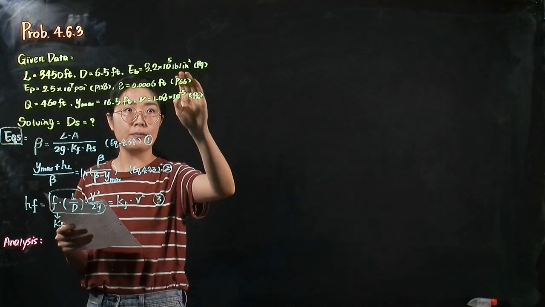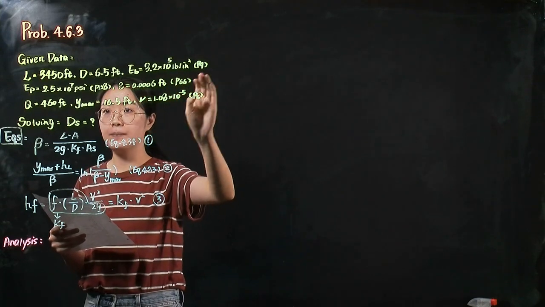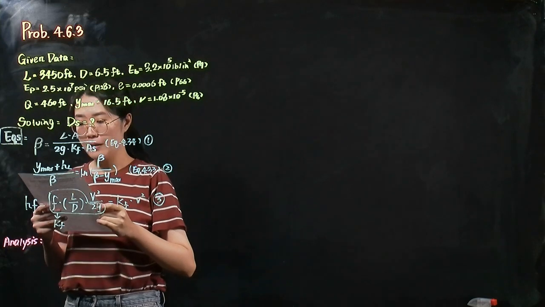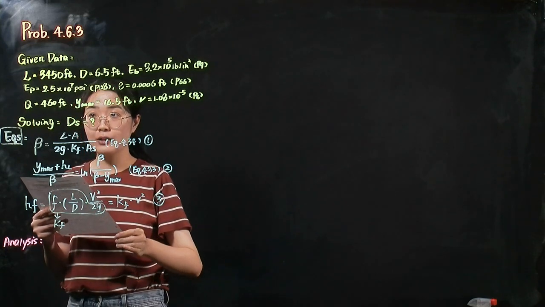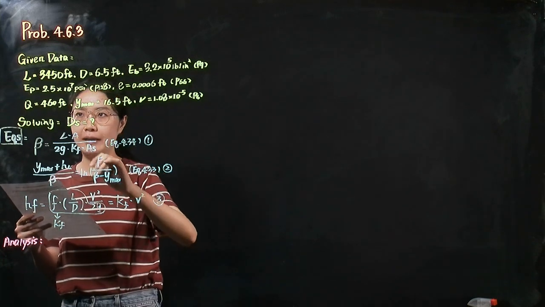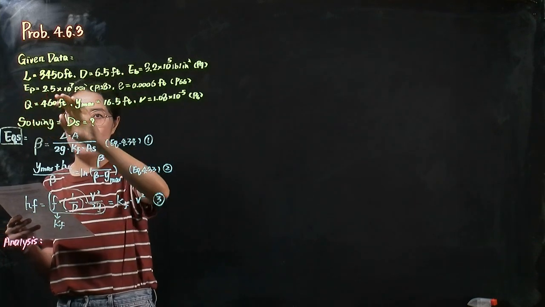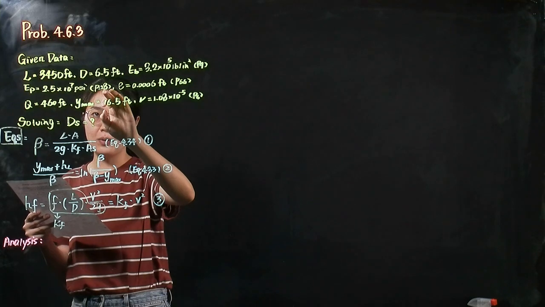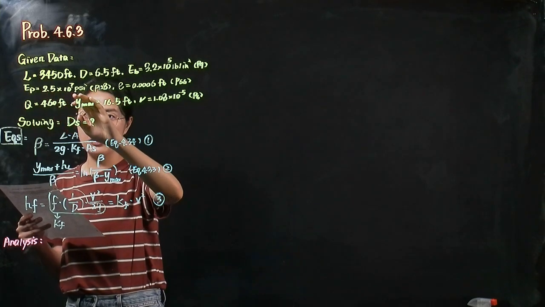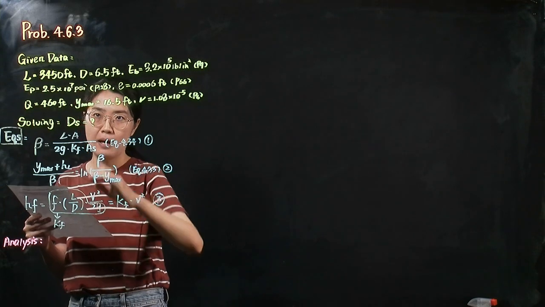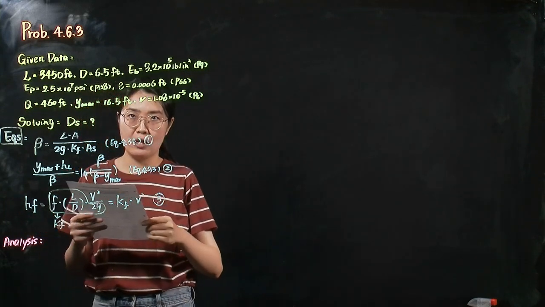We can find this information on page 9. And because the pipe is made of smooth concrete, we can find the elasticity of the pipe on page 128. It equals 2.5 times 10 to the power of 7 pounds per square inch.